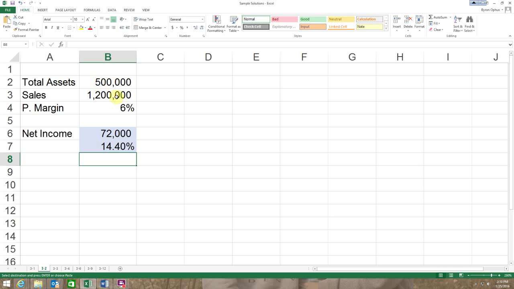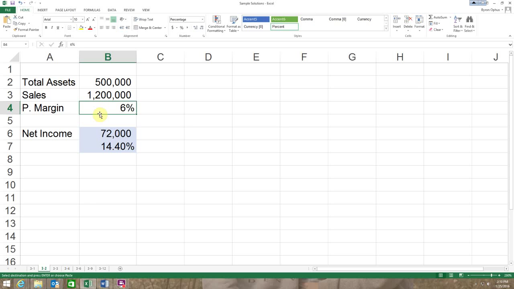Okay, so again, I used a little different numbers, but you guys could follow along here. Total assets, and in your guys' case, it would be the $380,000, right? And then it provides us with the sales, and I used a 1.2 million. You guys have a different number, and it provides us with the profit margin of 6%. So what's the profit margin?